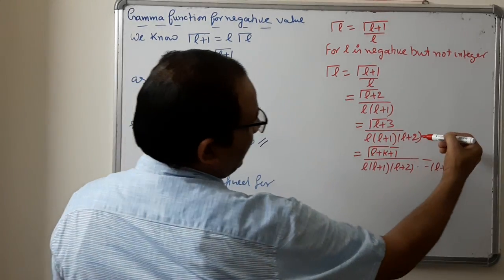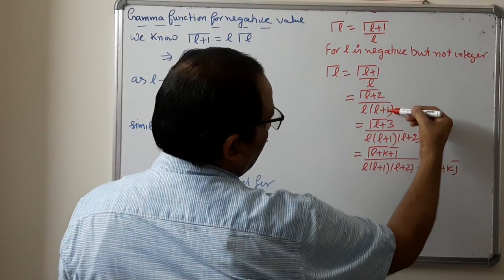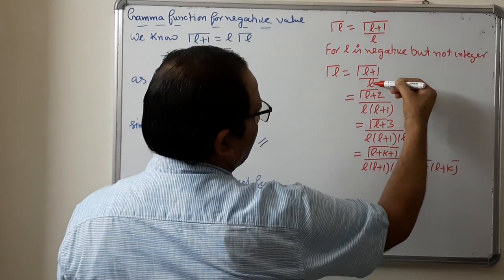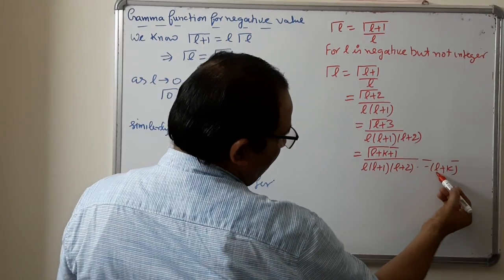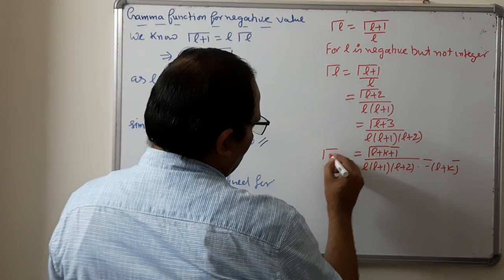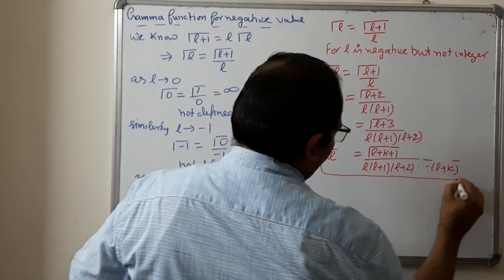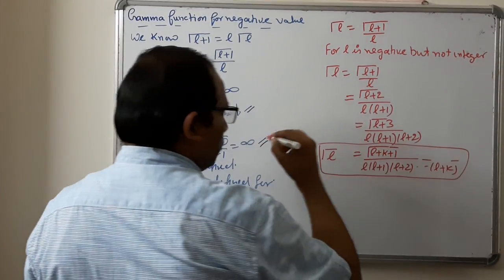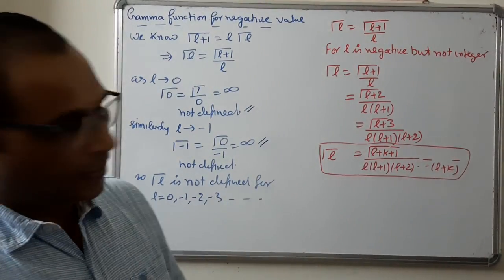You can see that if here is L+k, here is L+k+1. This is the value of gamma(L) for negative values but not an integer.